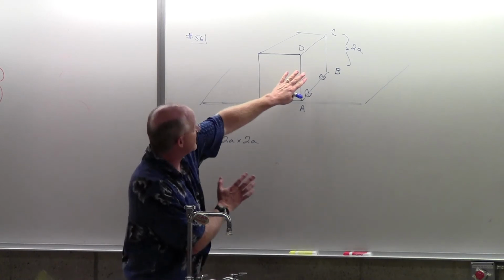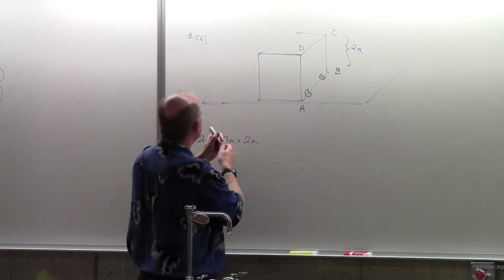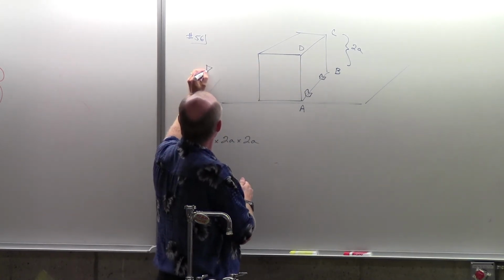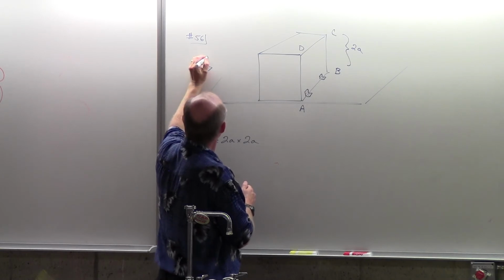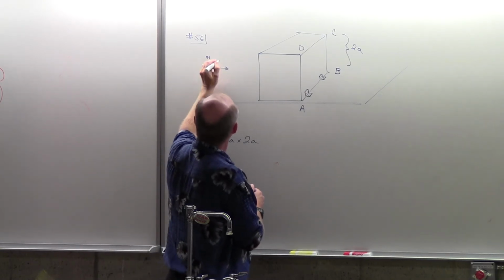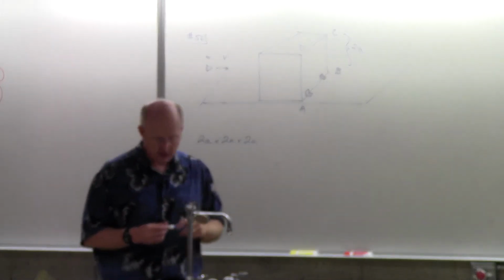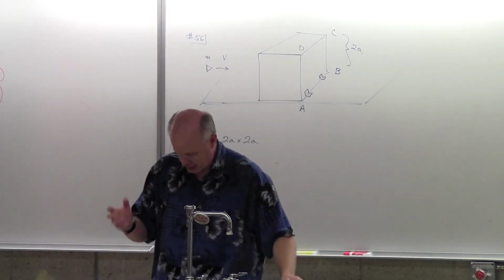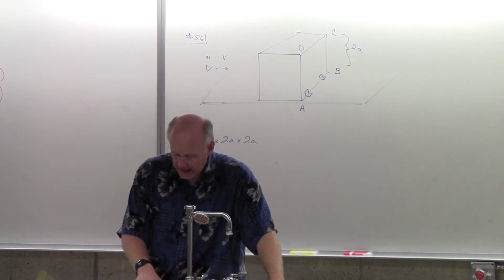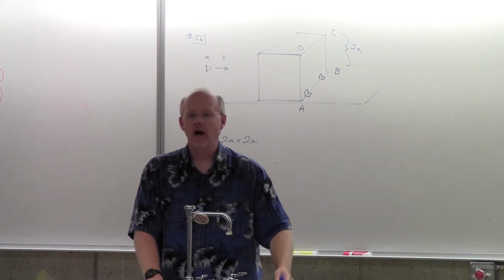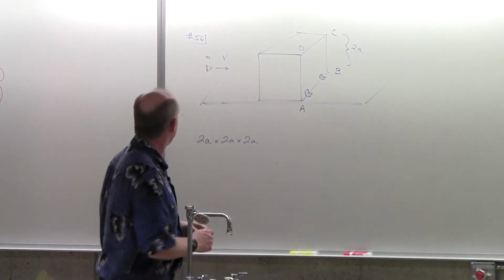All right, so the opposite face of ABCD is over here somewhere. And so here comes this bullet of mass m traveling with velocity v, shot at this block. So there's our collision. It is shot at a height of 4/3 a.